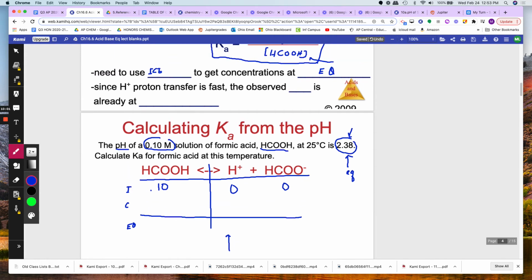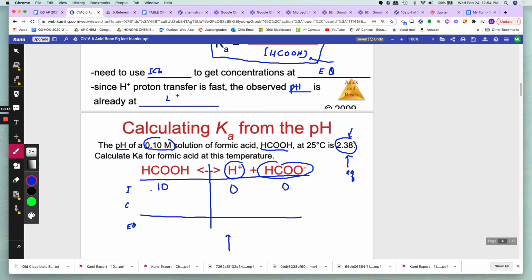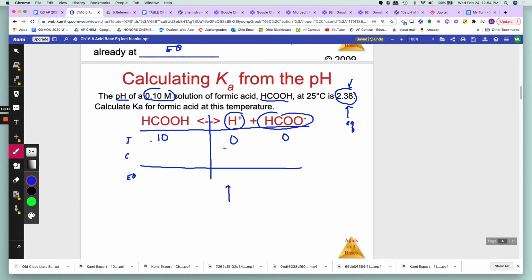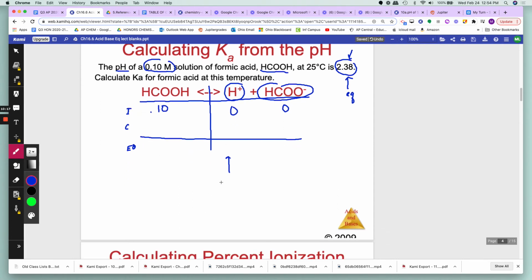Since proton transfer is very fast, breaking apart is very fast, the observed pH is already at equilibrium. So this concentration here has a pH of 2.38.